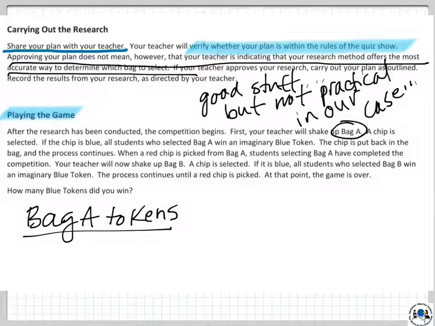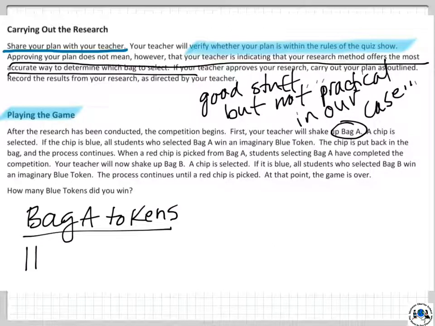Now, if you selected bag A, oh, that was blue. The first one was blue. So those of you who chose bag A get a token. One so far. Oh, another blue. So that's your second token. You're probably feeling really good by now.